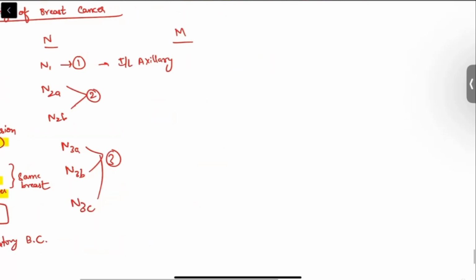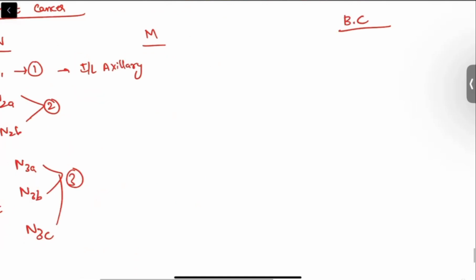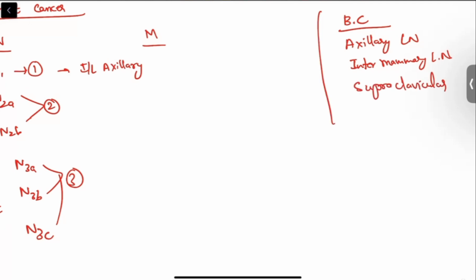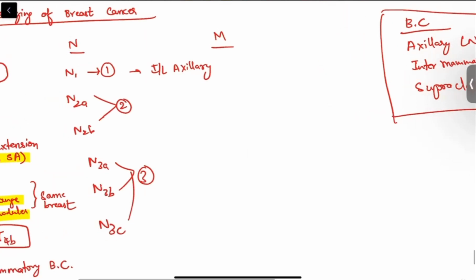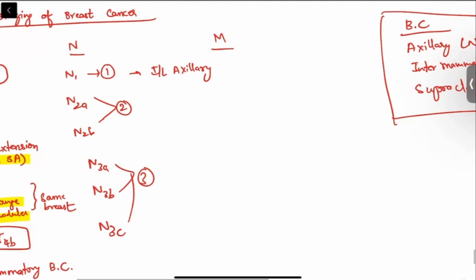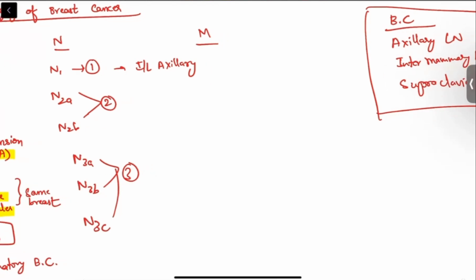Just like we know, breast cancer can spread to axillary lymph nodes, after that, intermammary lymph nodes and supraclavicular lymph nodes. So based on this, again staging is done. If it has spread to same sided axillary lymph node, then it is said to be N1, provided it involves only level 1 and level 2 lymph nodes, and these lymph nodes are mobile.